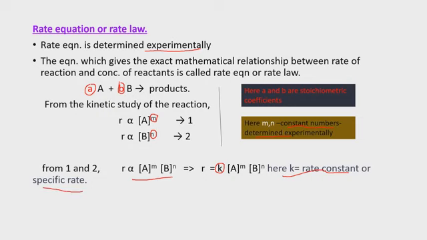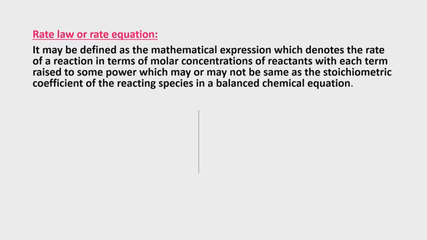So I am repeating here point to point. Rate law or rate equation may be defined as the mathematical expression which denotes the rate of reaction in terms of molar concentrations of the reactants.